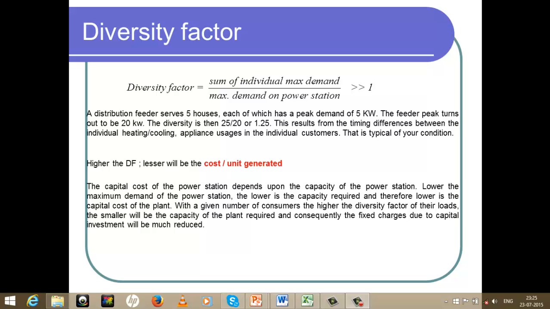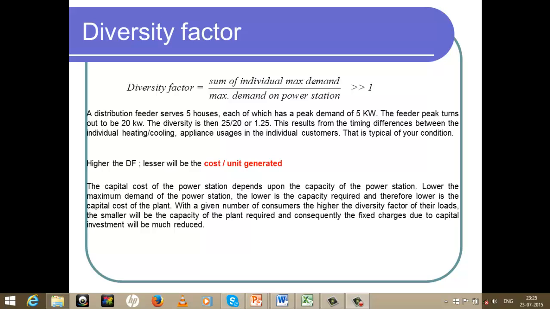The diversity factor should always be greater than 1, because the sum of individual maximum demand is always greater than the maximum demand on that particular substation, or power station. And from this we can say that the higher the diversity factor, the lesser will be the cost of unit generated. The capital cost of a power station depends upon the capacity of the power station.